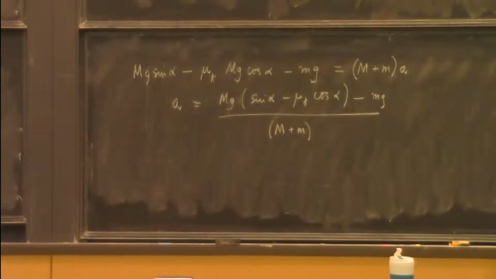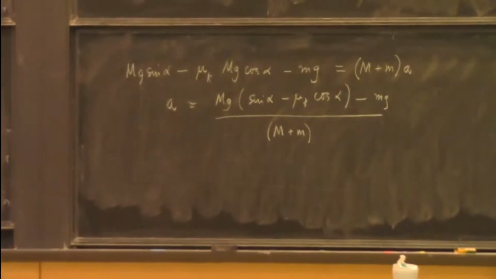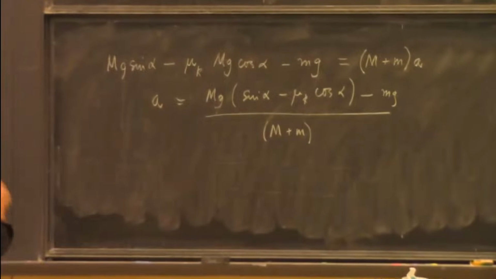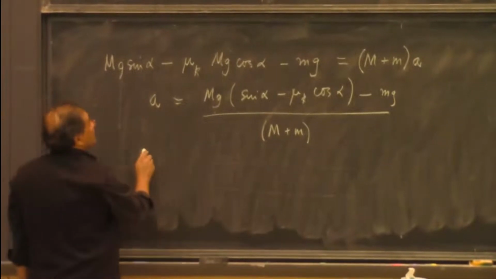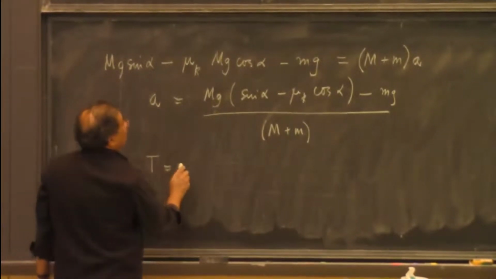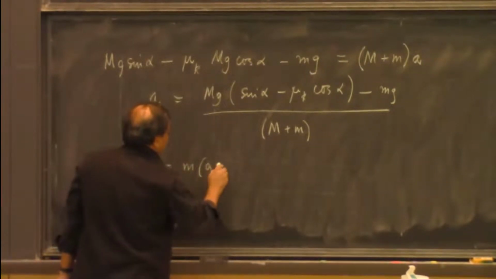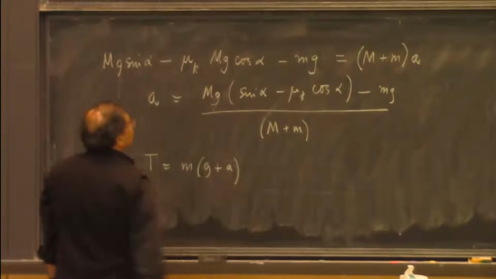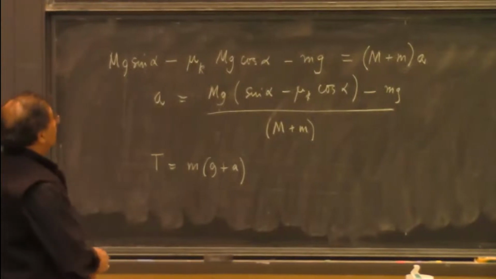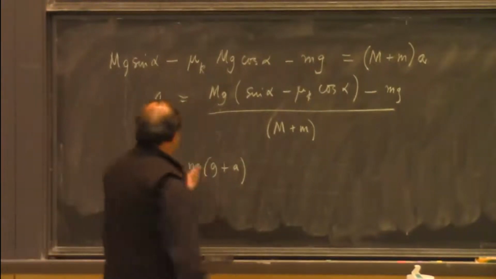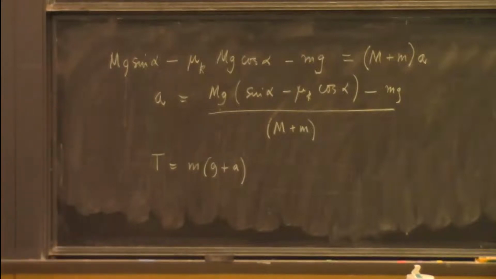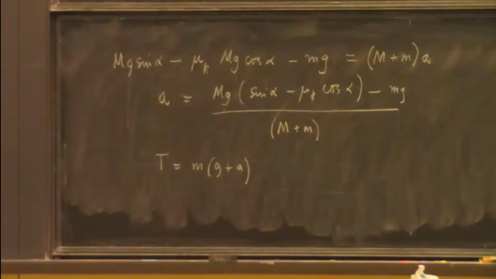And once again, once I have the acceleration A, I can calculate T, because if you look at T, in this case, T is going to be M times G plus M times A. So this is A, mg I already know, so that's my equation for T. So this is how this thing is going to work.